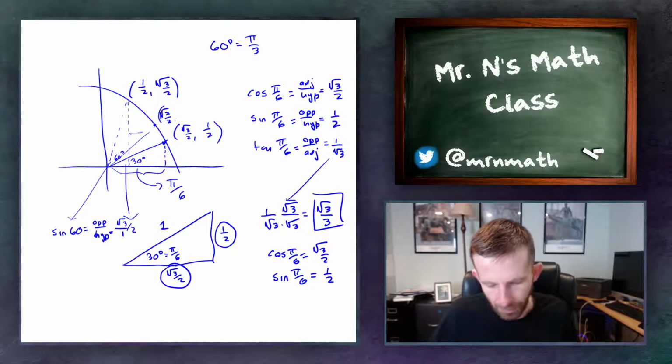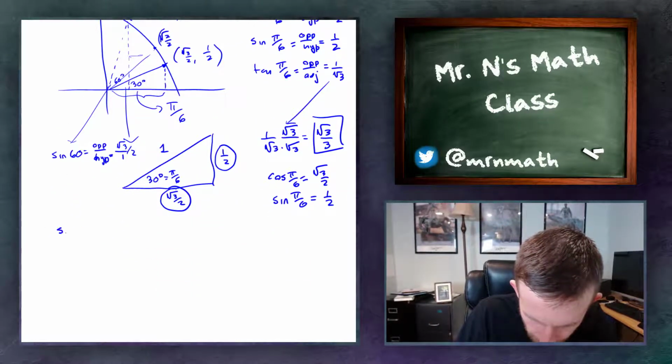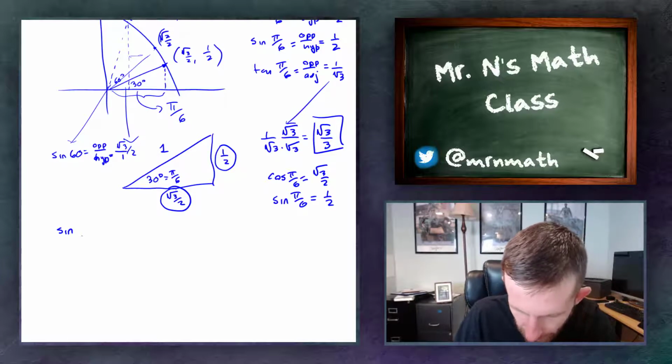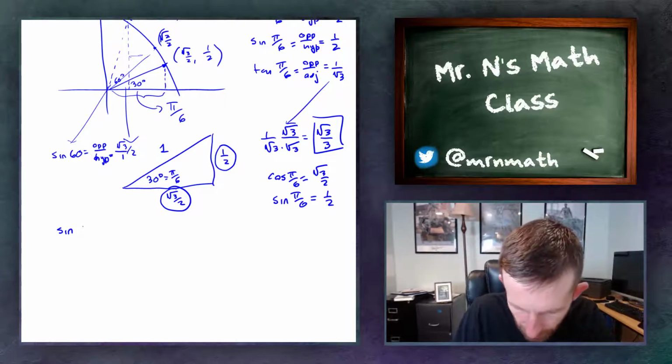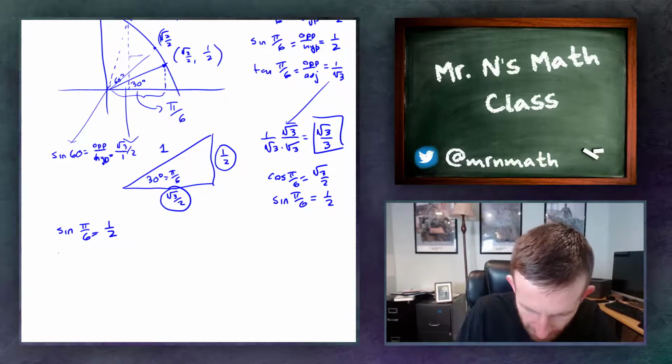So a couple important takeaways from all this. Sine of pi over 6 is 1/2. Sine of pi over 4 is root 2 over 2.